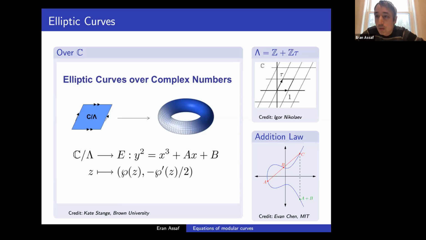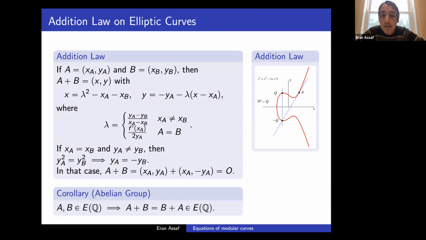Why is this description so important? Well, the next slide will be full of formulas, but the exact formulas don't really matter. The idea is that if we have two points, we can obtain a formula for their sum, which consists of only basic field operations: addition, multiplication, subtraction, and division.